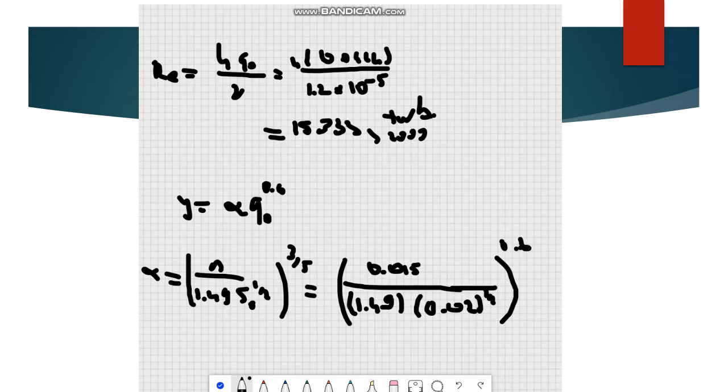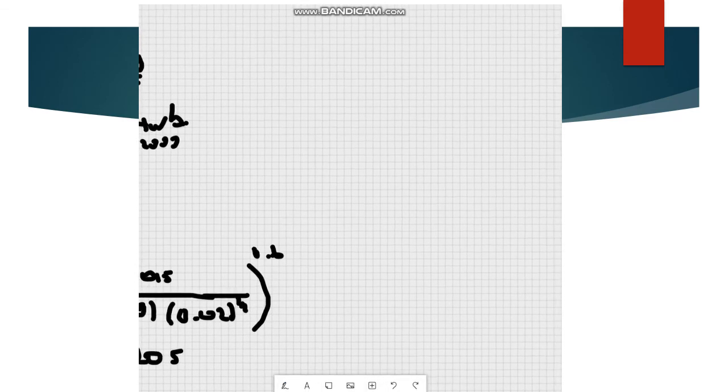So this is going to be 0.205. When we calculate it, alpha is 0.205.